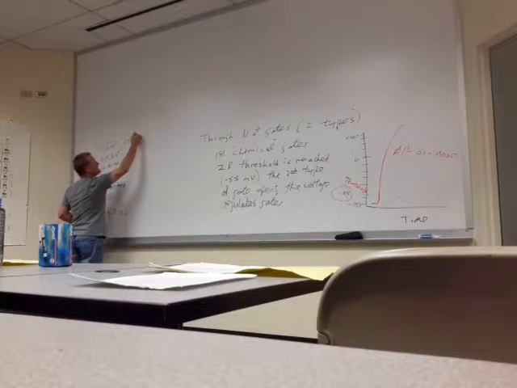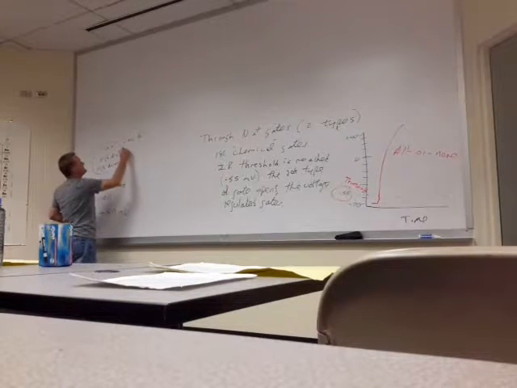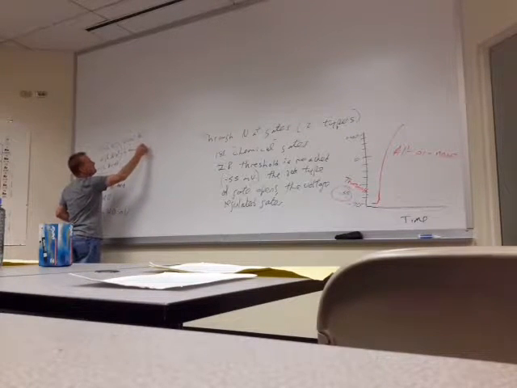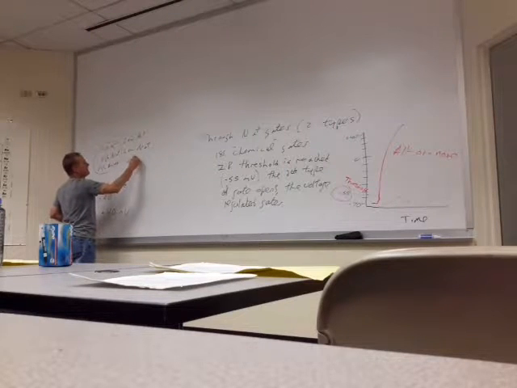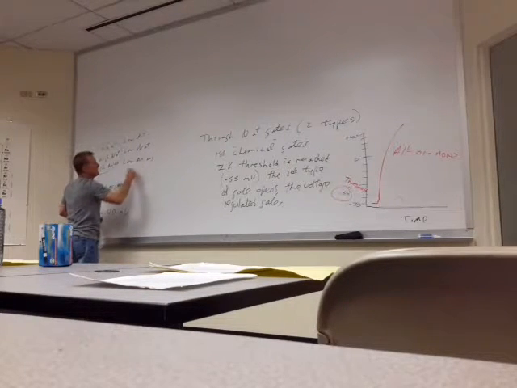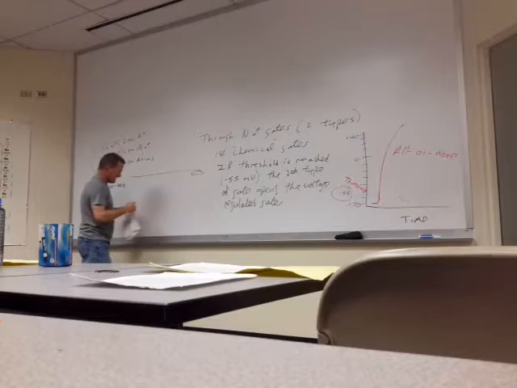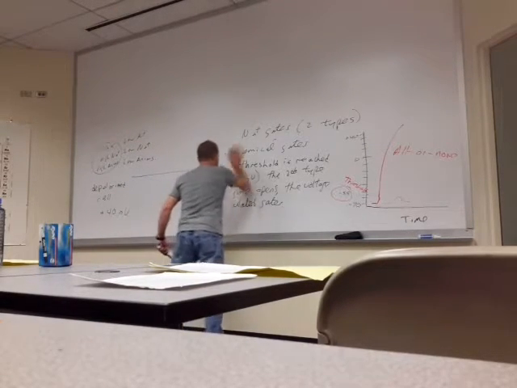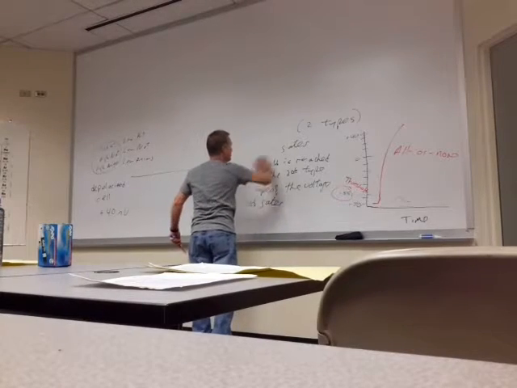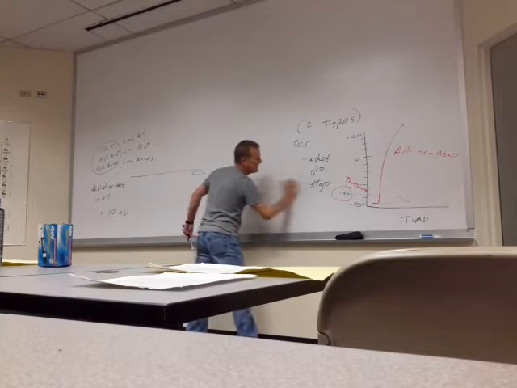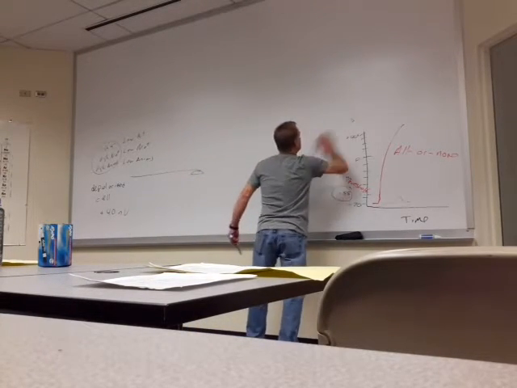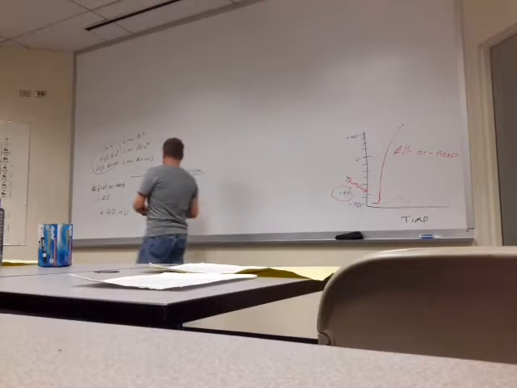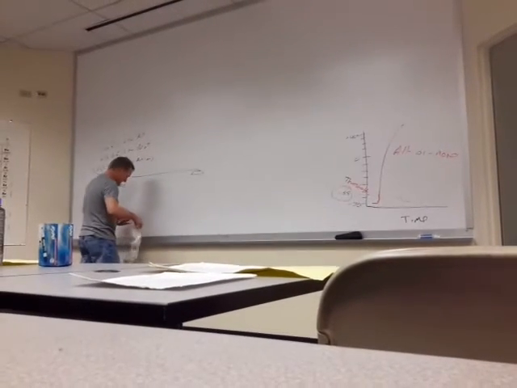Extracellularly, the potassium is low, the sodium is low, the anions are low. And what did we call this next part of the action potential? Repolarization, exactly. Or downswing.